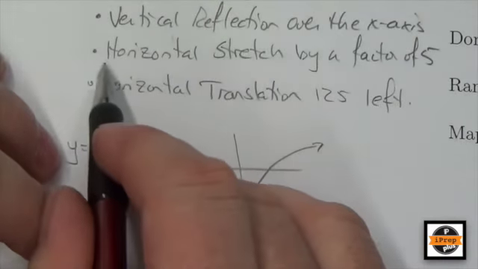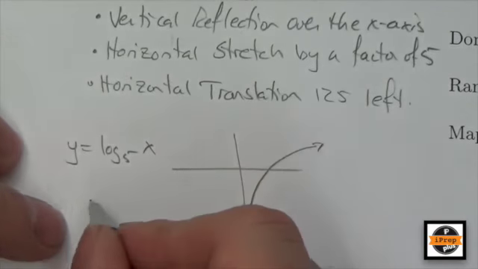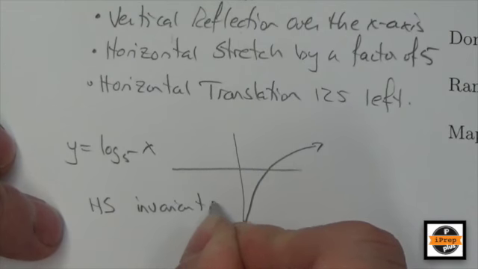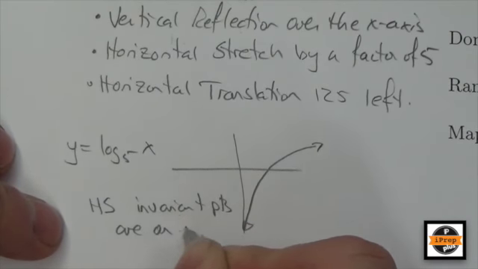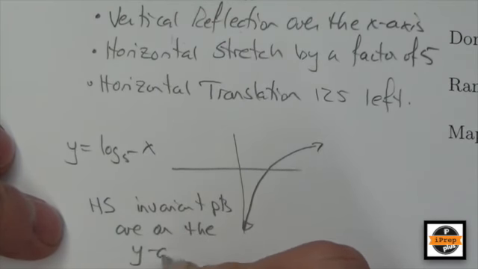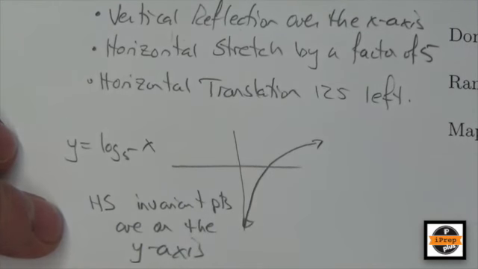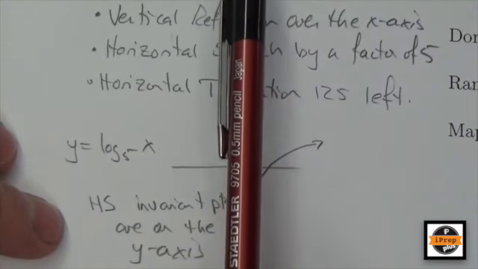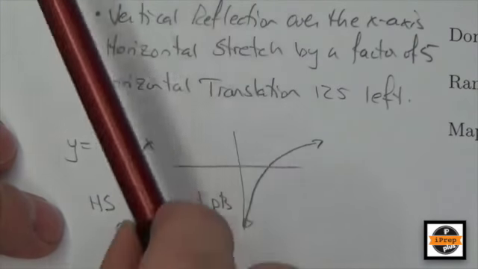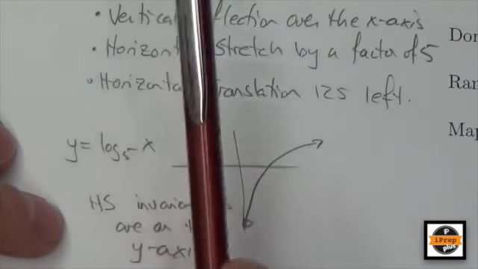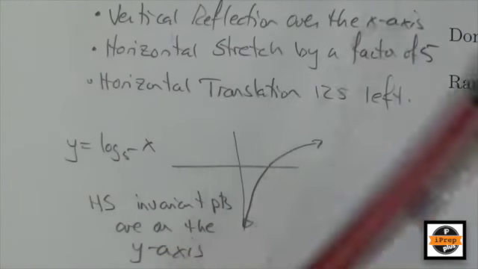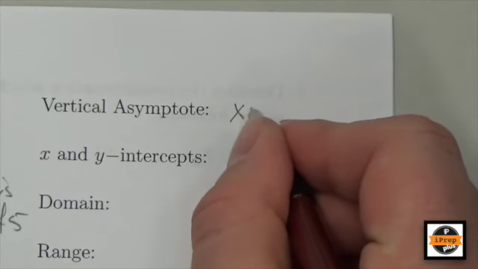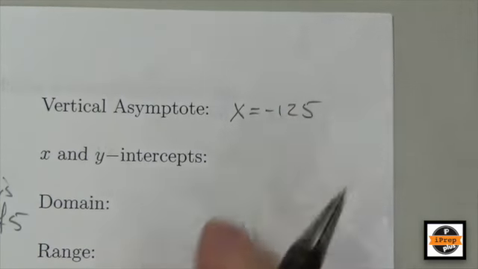Under a horizontal stretch, the invariant points are on the y-axis. So that horizontal stretch is going to have no impact on that vertical asymptote. The only thing that will is a translation 125 units to the left. And so that means our vertical asymptote is going to be x equals negative 125.